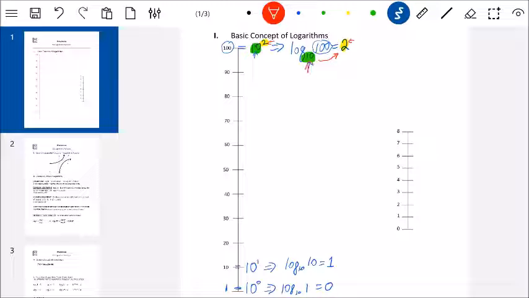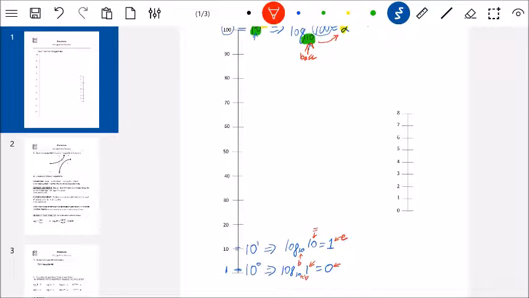So it's following having the base number here, the exponent number here, and what they're equal to here. Base, exponent, equals.